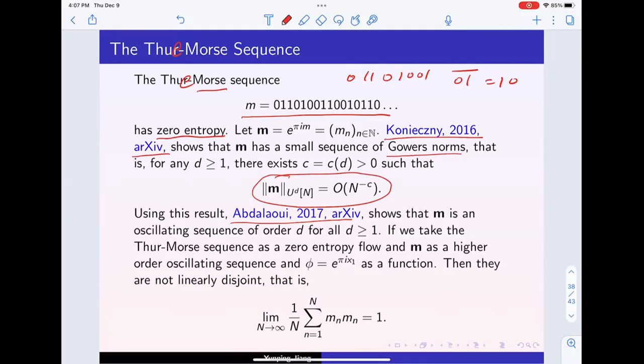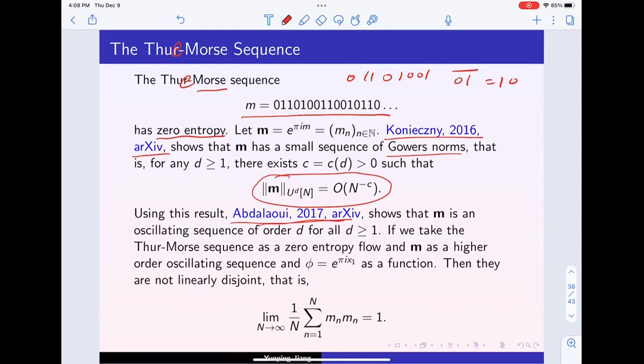That means eventually you have a very small Gowers norm. Then in his paper he used this result to show this Morse sequence is of high order, order d for every d. That is interesting. That's different from the Möbius function and from the example we constructed. This one has entropy 0 and is still of high order. That's another interesting thing, different from what we did.